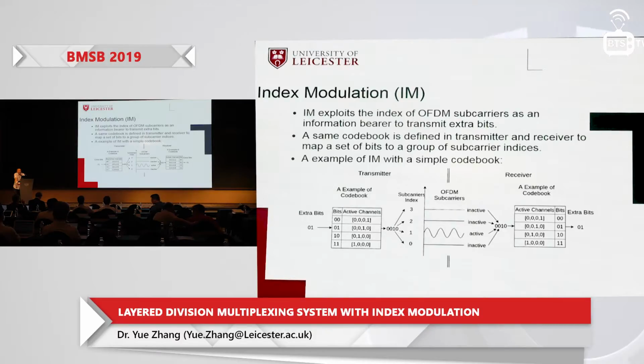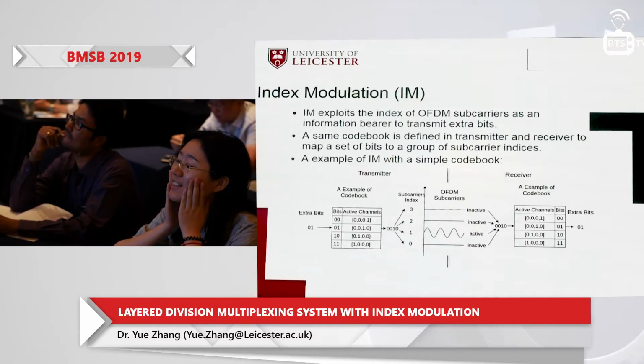When you put your data onto a certain index of the OFDM symbols, you take this as information, so you can put the coded bits for that information. So you put one extra piece of information when you put data on your OFDM symbols. We call this index modulation.